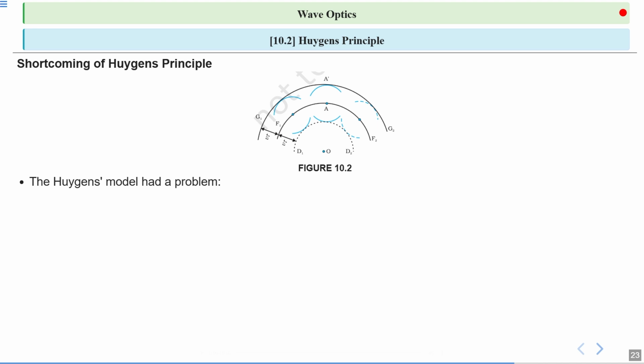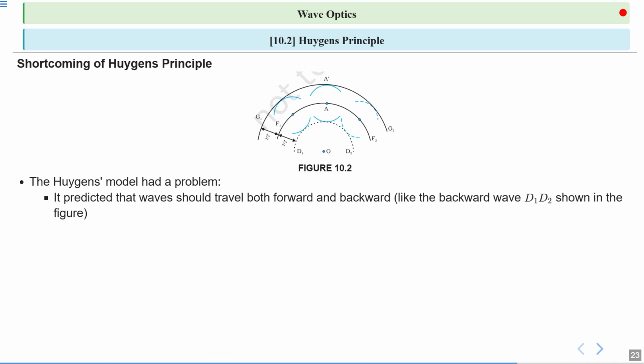He said that waves propagate in the forward direction only and there is no backward motion. In reality, we observe waves only move forward, not backward. This is a critical point because it challenges the completeness of Huygens' principle.